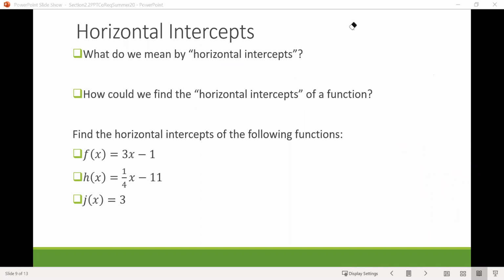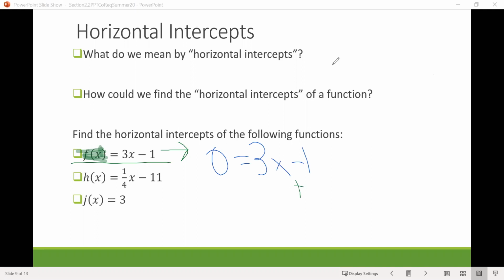So if we look at the functions at the bottom, for example, f of x equals 3x minus 1. If I want to find the coordinates of the horizontal intercept there, as I just mentioned, the output value would have to be 0. So we can set up an equation: 0 equals 3x minus 1.